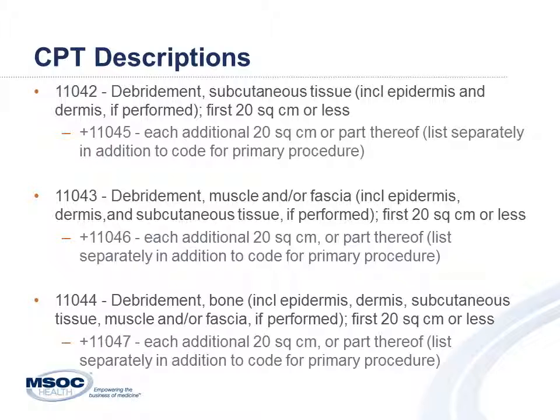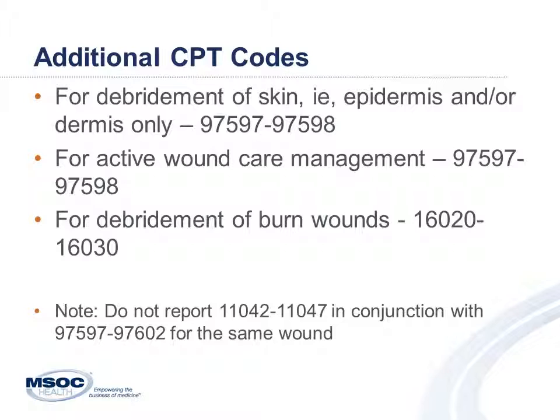Notice that each base code, 11042, 11043, and 11044, has a corresponding add-on code if the measurement exceeds 20 square centimeters. If the debridement is not down to subcutaneous tissue or is simply active wound care management, then you should not use 11042 through 11047 and use 97597.